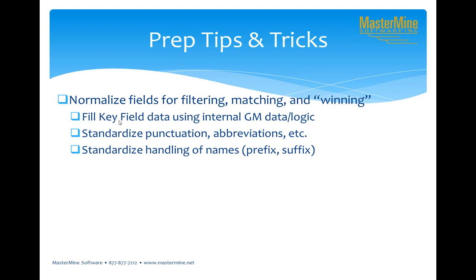So, filling your key fields, whether it's for any of those purposes, using internal GoldMine data and logic. An example of that I'm going to show you is the one I mentioned before about accurately reflecting which one is the client versus which one is the prospect.